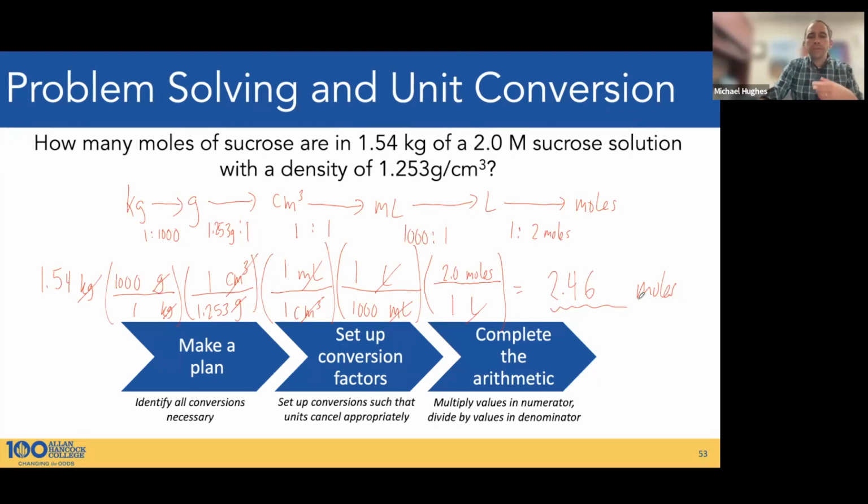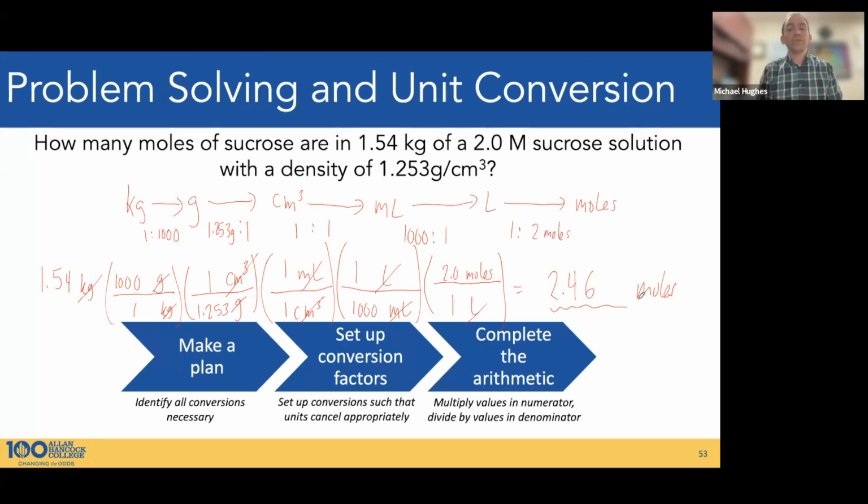And so I think that, as you can tell, simple unit conversions can be easy to identify. Things get a little bit more complex when we have multiple pass-through conversion factors. And what's important to do is try to identify when units are changing from, for example, grams to centimeter cubed or moles to liters.